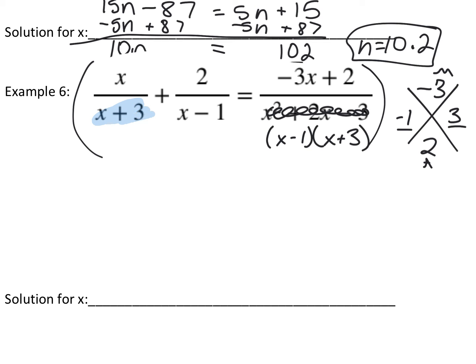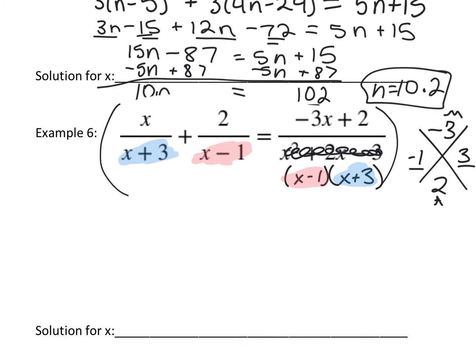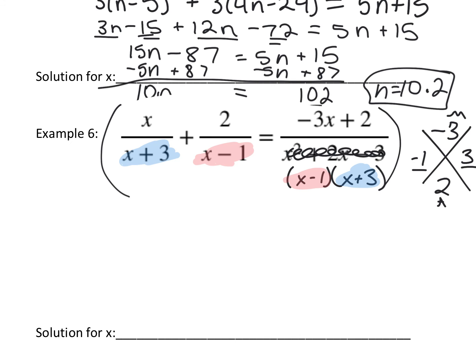We notice the x plus 3s. What else do we notice? Minus 1. And we need... I don't know, what do we need? It starts with a B, B, O, T, H. Both. We need both of them. Both binomials.